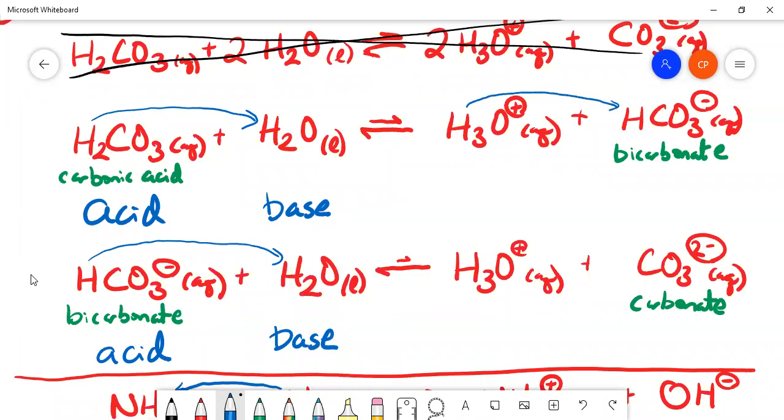Going back left, the hydronium ion acts like an acid when reacting with the bicarbonate ion. And bicarbonate would then react as a base, even though bicarbonate, when reacting with water, behaves as an acid.